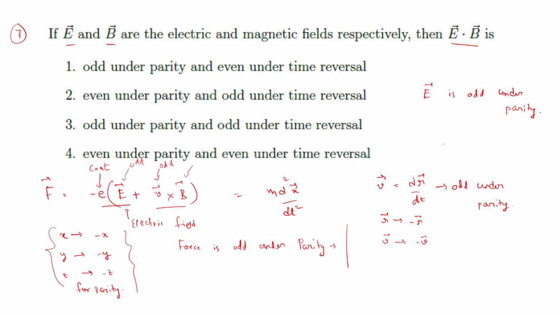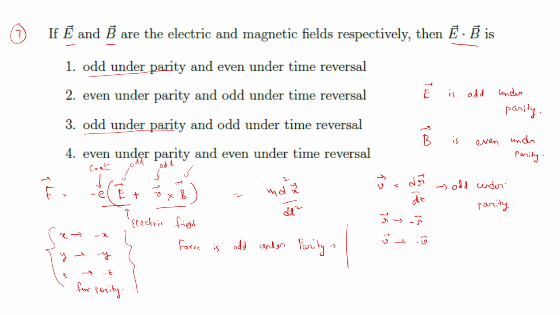So this magnetic field B is even under parity. Therefore, for their dot product, a product of odd and even is always odd under parity. So E dot B is odd under parity.